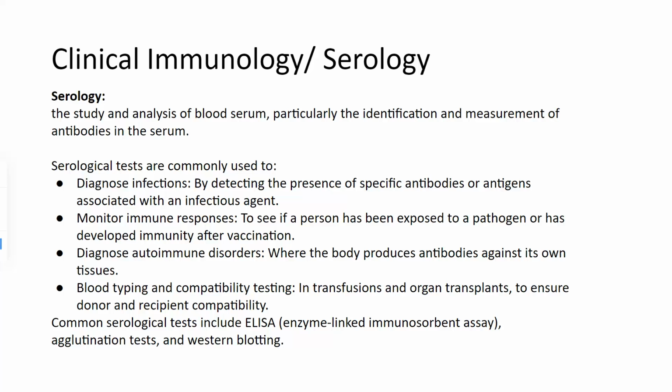Blood typing and compatibility testing. The basis of all of our blood typing and compatibility testing is using those serology methods. Common serological tests include the ELISA, enzyme-linked immunosorbent assay, agglutination tests, and Western blotting.